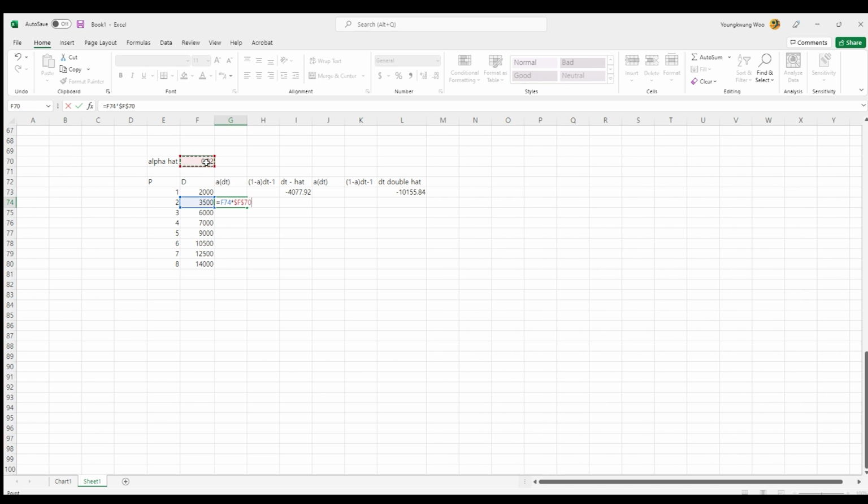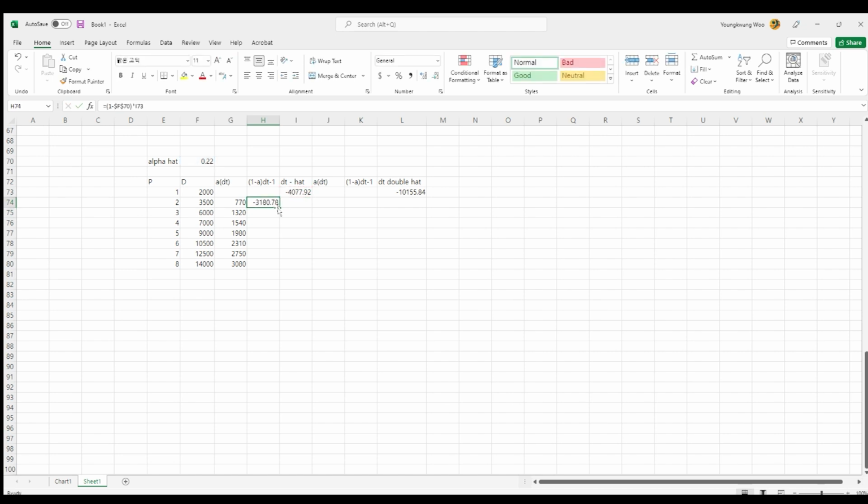We're gonna use this for the last of them, so we freeze it and scroll down to calculate it, and this one will be 1 minus alpha hat, we freeze it again, times dt minus 1, so it's gonna be previous one, this one.